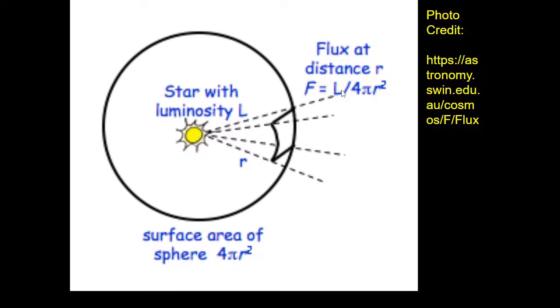So the luminosity of the photosphere, the amount of energy the photosphere as a whole is emitting per unit time, can be figured out by measuring the flux and the distance of the star.